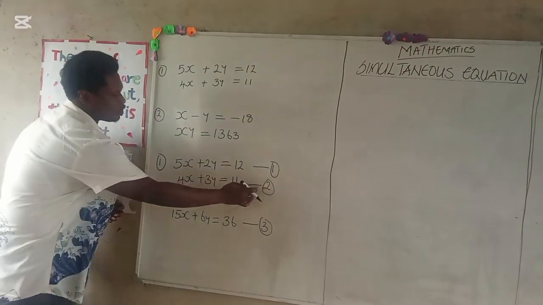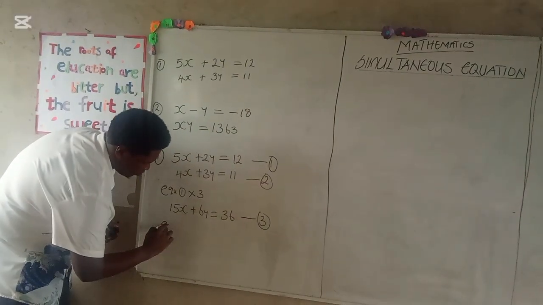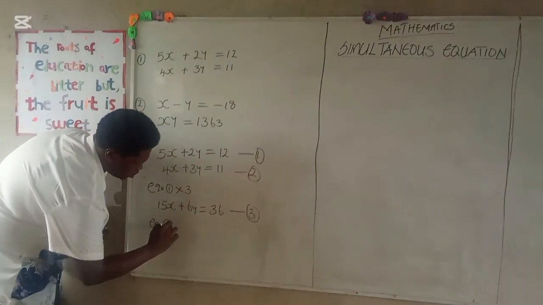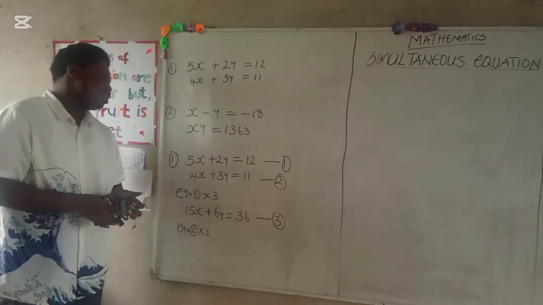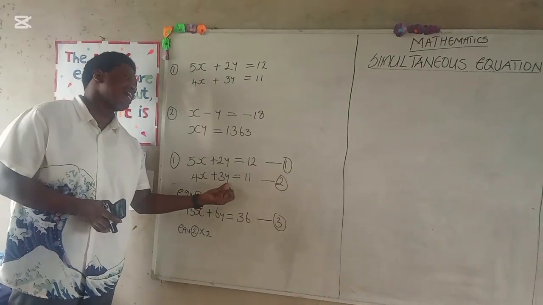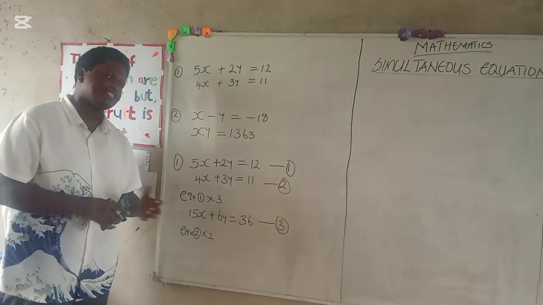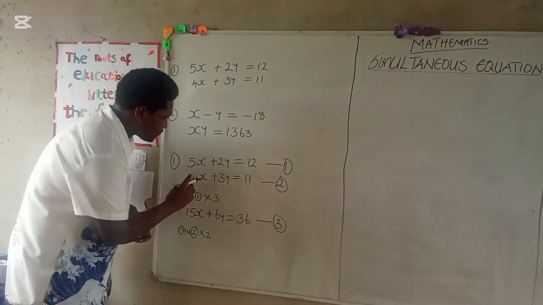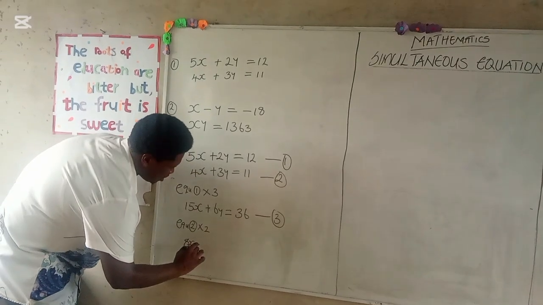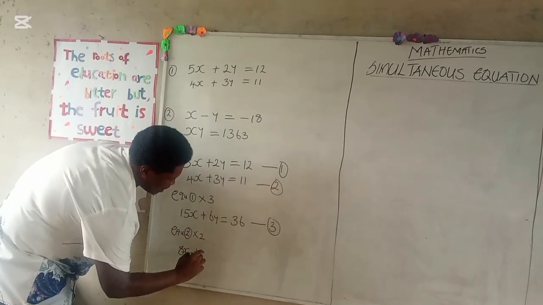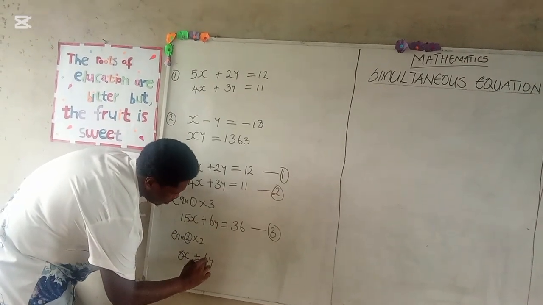And then our equation 2, equation 2 times 2. When we say equation 2 times 2, it is so that the coefficient of y here can be equal to 6y. So we have 4x times 2, we have 8x, plus 3y times 2, we have 6y.